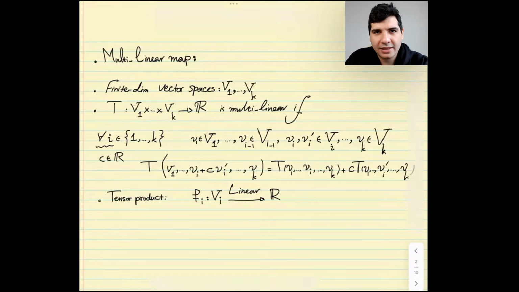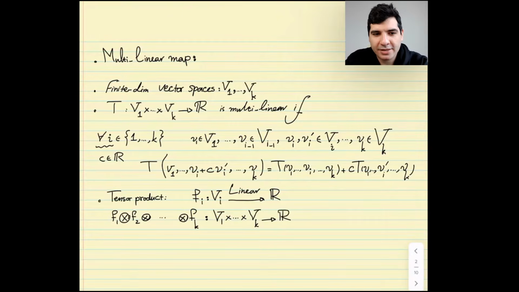Each Fi is a linear map from Vi to R. Now we can define the tensor product of F1, F2 up to Fk. We denote that by F1 tensor F2 tensor up to tensor Fk. We are going to define this product in a way that it defines a multilinear map from V1 times V2 times up to Vk to R.